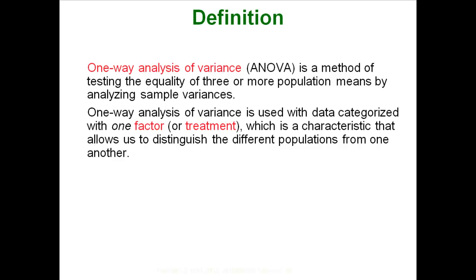So the idea is each of these populations, you're going to have a sample with a mean, a sample with a mean, and a sample with a mean, and they are all coming from populations that are different because of one thing. They only have one different characteristic. They might have more than one, but you're only testing them based on that difference.